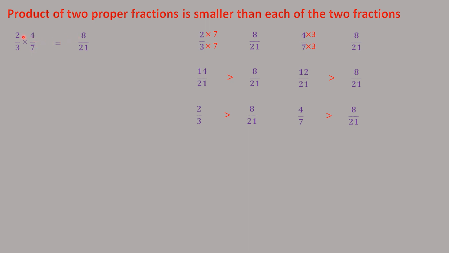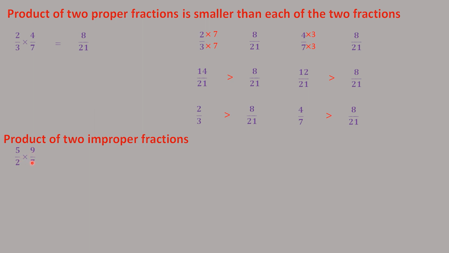The product of two proper fractions is always smaller than the fractions we have taken. 8 by 21 is smaller than 2 by 3. 8 by 21 is smaller than 4 by 7, if these two are proper fractions. Remember this.